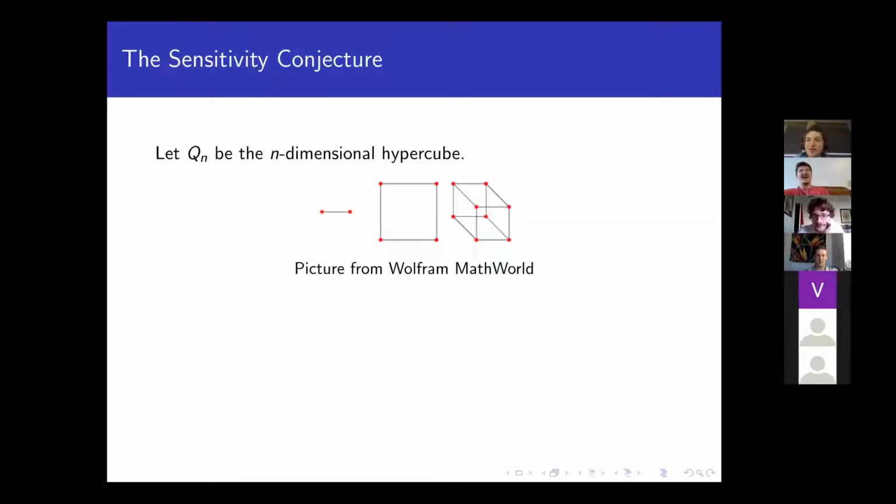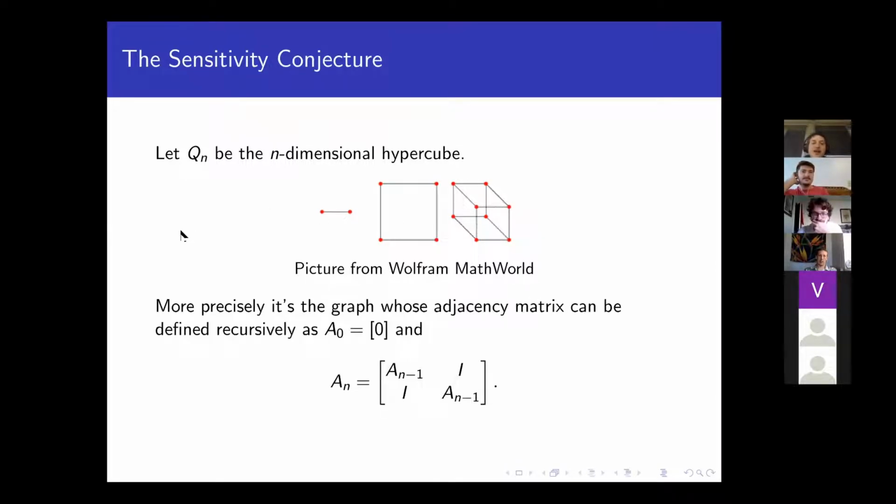So to state the problem, we're going to first define the n-dimensional hypercube. So this is, for example, the 2-dimensional hypercube is just a square. The 3-dimensional hypercube is the cube, and it goes on and on. A bit more formal definition is that you can recursively define its adjacency matrix by taking 2 copies of the previous dimensional one and then putting the identity matrix.